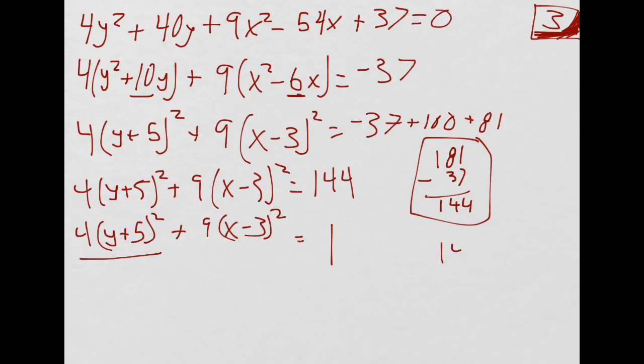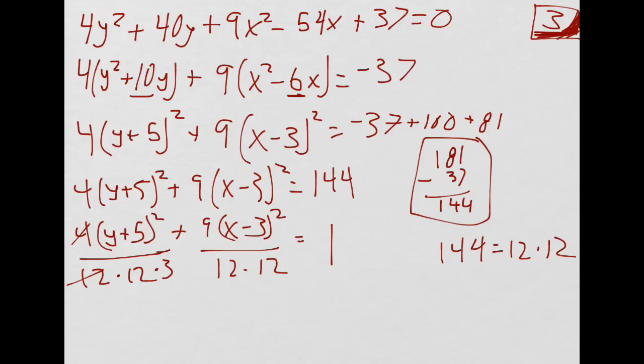I know that 144 is 12 times 12, 12 squared. That's just one of those good ones to know. So I'm going to write it like this, and you'll see why in a moment. 4 divided by 12 is the same as 1/3. So really this is times 3. 9 out of 12, well, both of those numbers are divisible by 3.